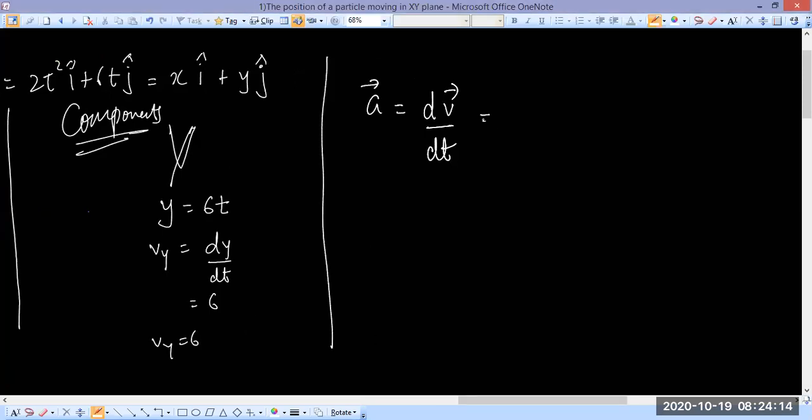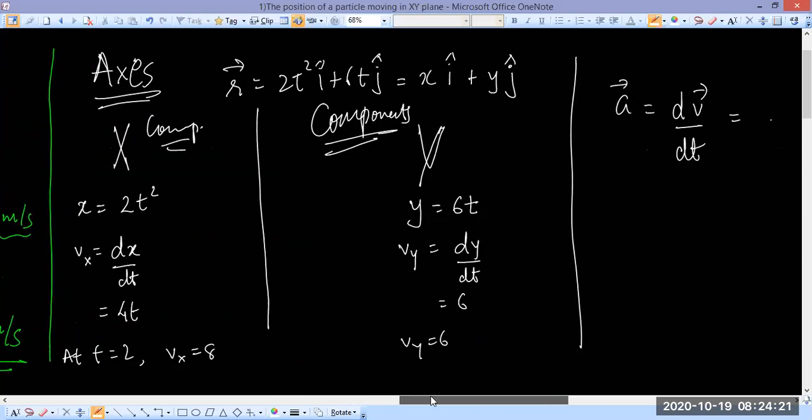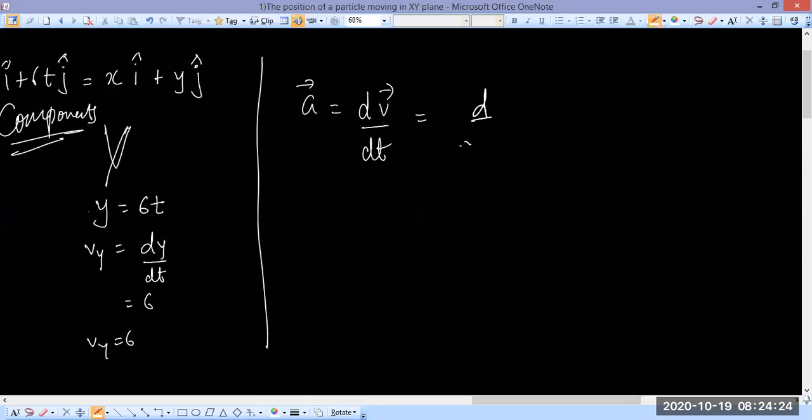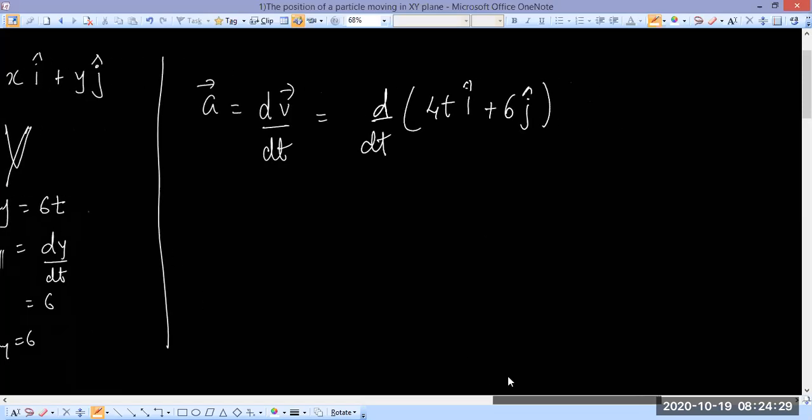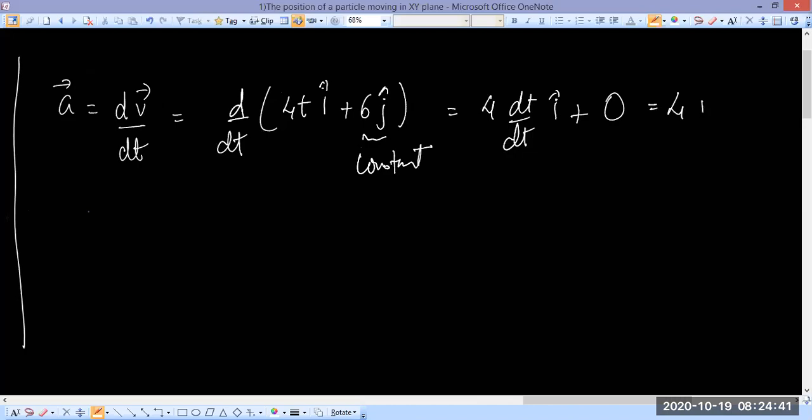So this is equal to... velocity ની formula અહીંયા આવી હતી. Okay, let's differentiate it. So d by dt of 4t i cap plus 6j cap. So this is going to be 4 dt by dt i cap plus 0. This is constant, right? So final answer is 4 i cap meter per second square. આ આવી ગયું acceleration.